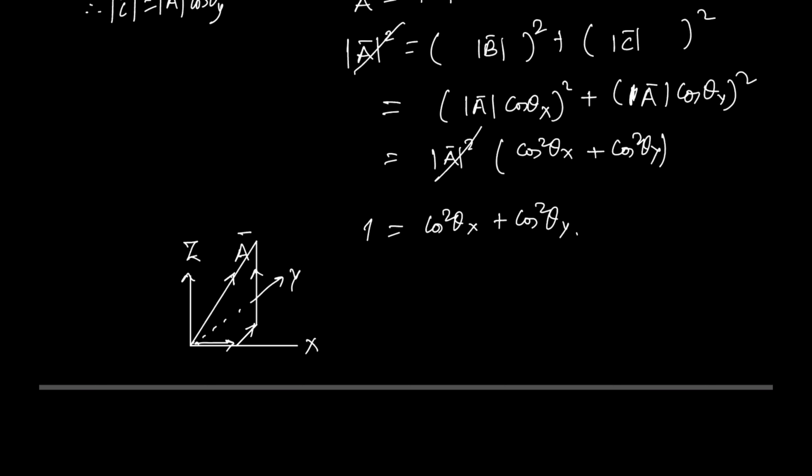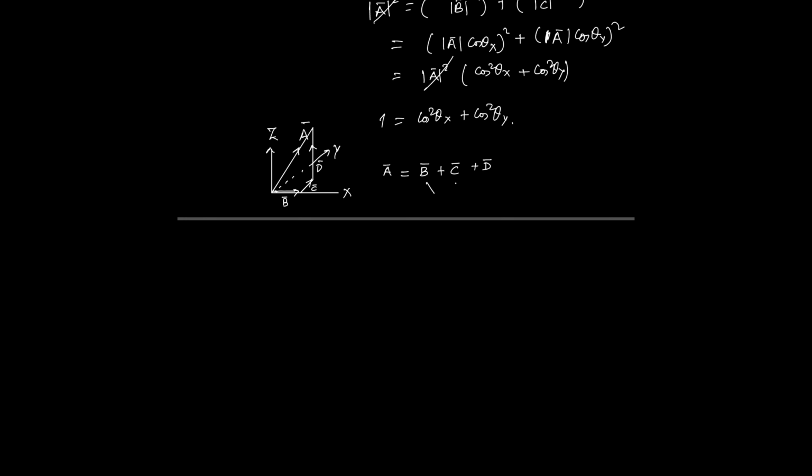So now here we have a vector A which is equal to B plus C plus D.